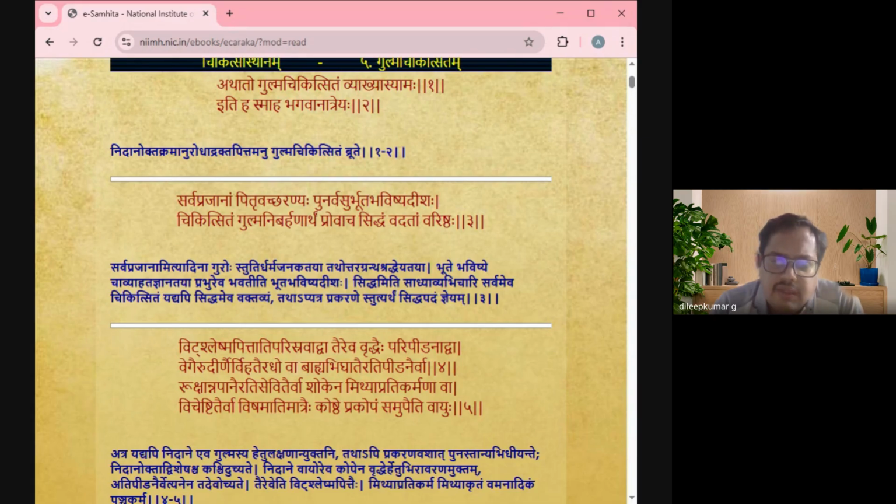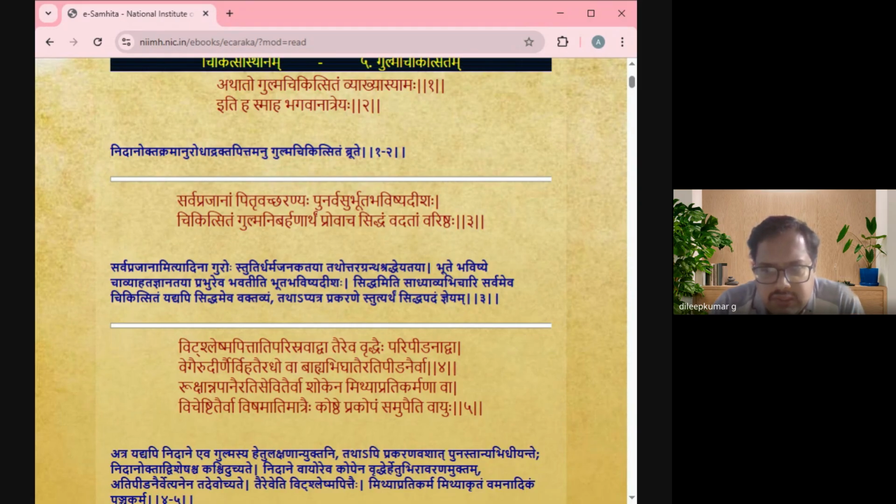So all these will be included under gulma. In Nidanasthana third chapter, Acharya explains that when Vata Prakopa occurs in Mahakosta, Mahasrotas, Vata Prakopa occurring in the GIT tract, that is the first level of pathology of gulma.